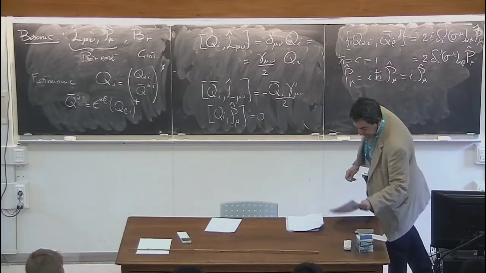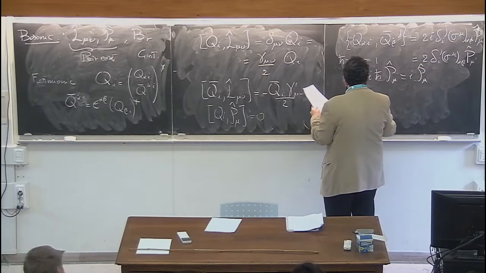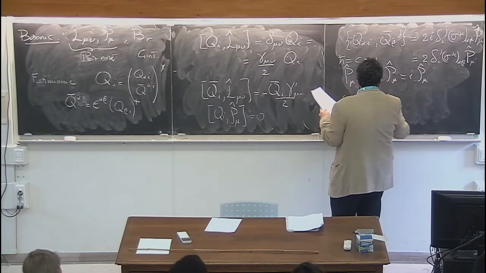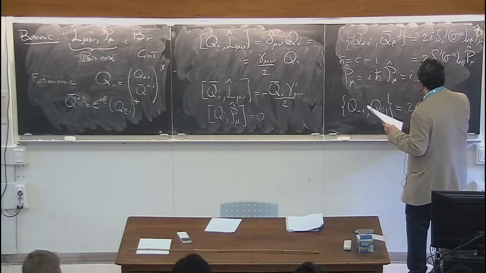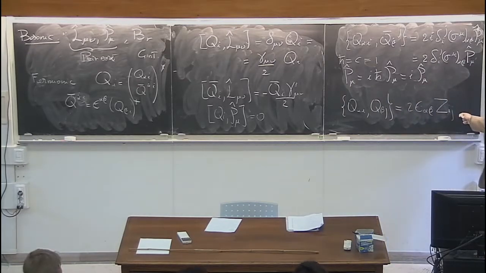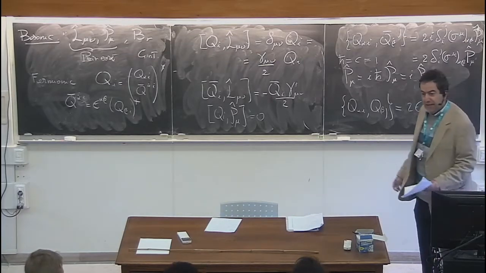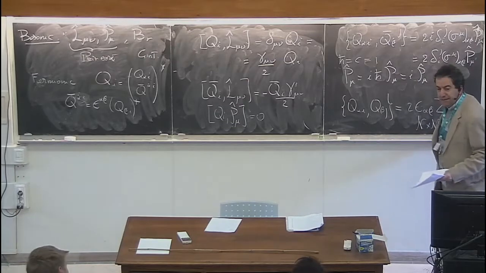Then there is another relation here, Q alpha I, Q beta J. What is this? This is twice epsilon alpha beta Zij. Zij is a complex antisymmetric matrix, n times n. Complex antisymmetric.